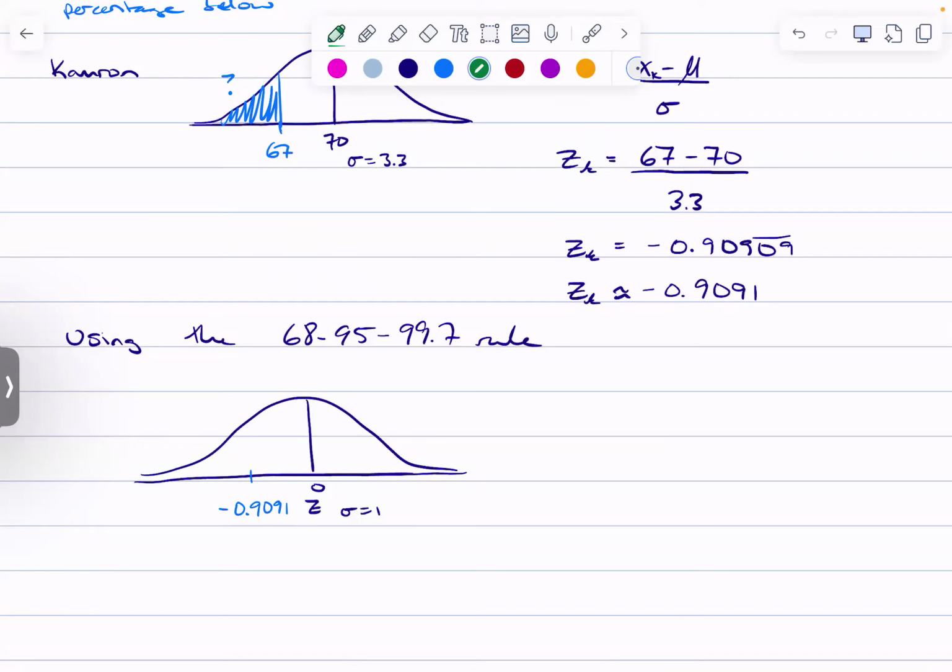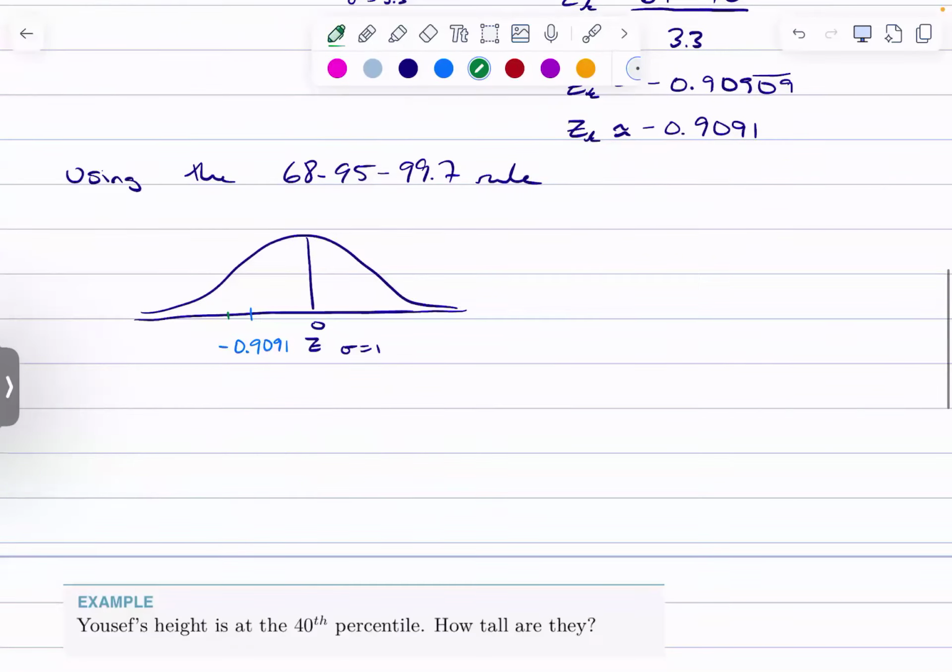And so what we can do is say, okay, here at negative 1, how much did we have in the tail? If I move 1 standard deviation on either side, then I have 68%, which means I have 32% left over, and I split that evenly amongst the tails.